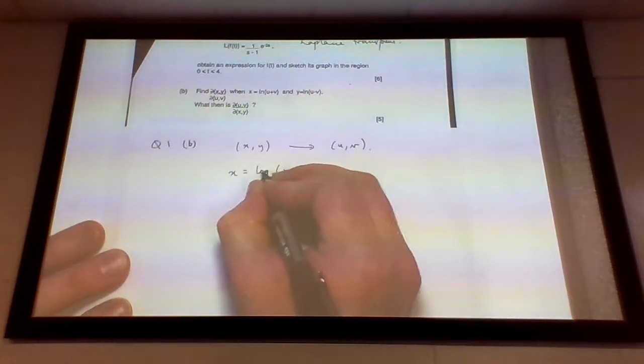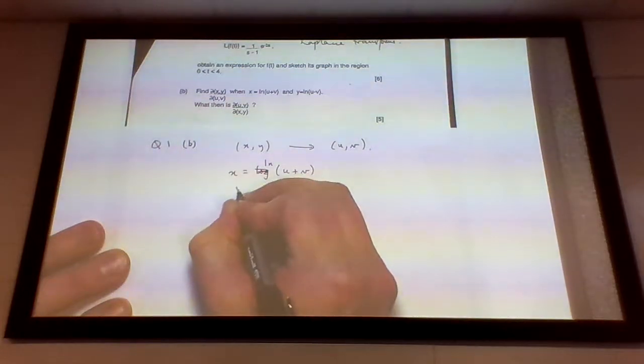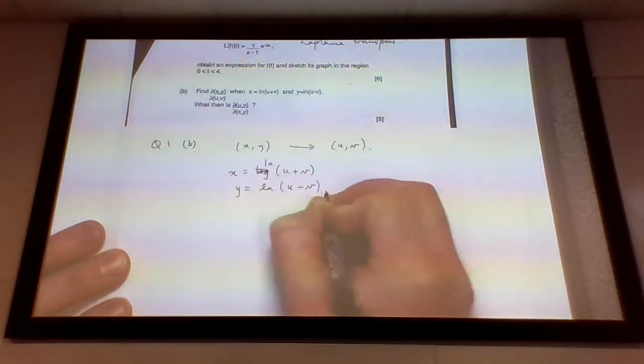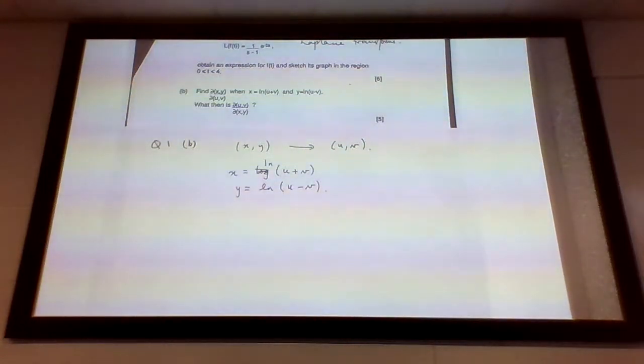Actually, let's keep it as ln. So x is the log of the sum u plus v, and y is the logarithm of the difference. And it's asking us what the Jacobian of the transformation is from the coordinate system xy to the coordinate system uv.